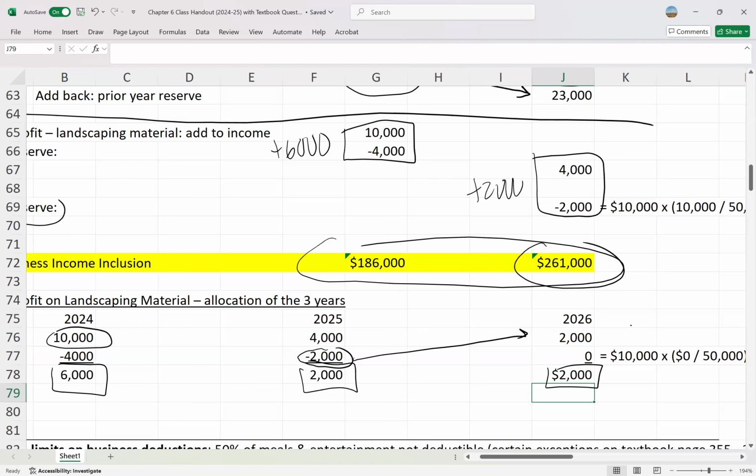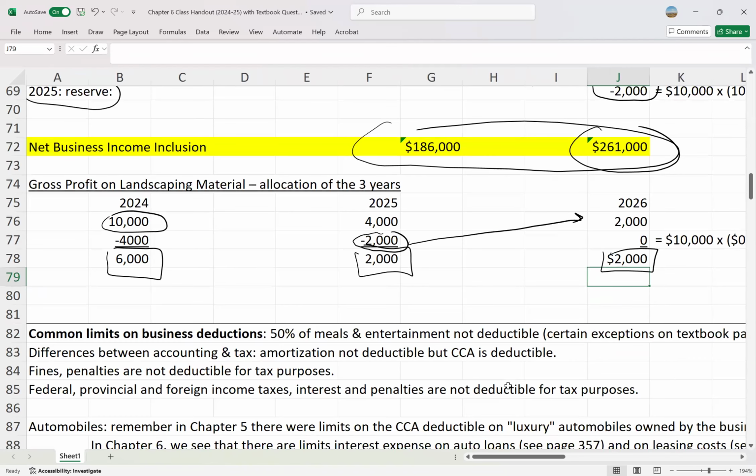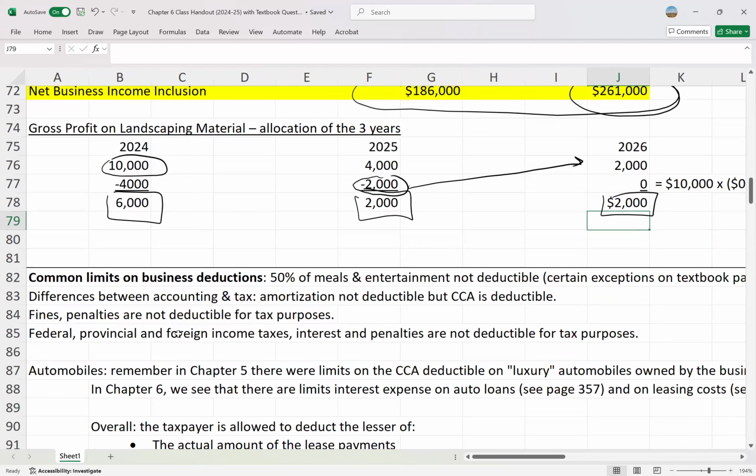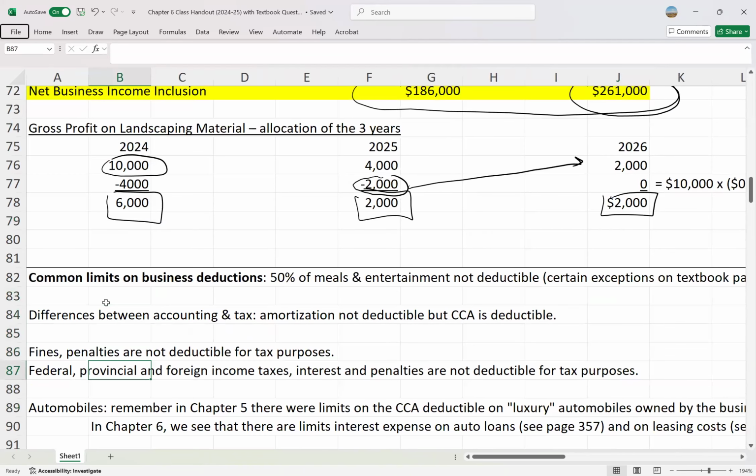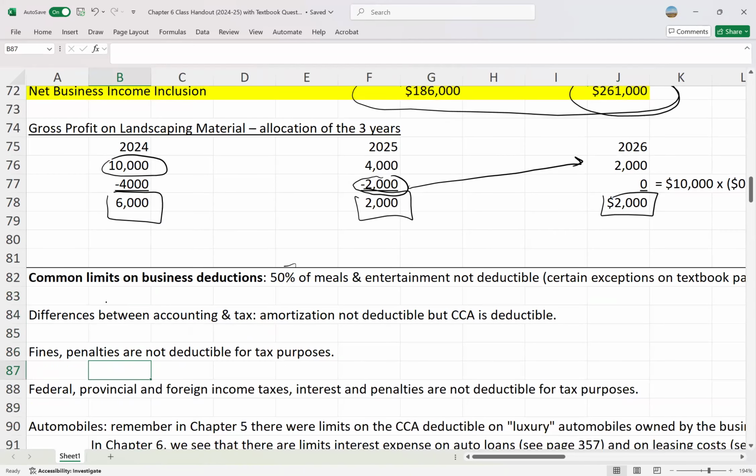We're going to move on to, again, some differences between accounting and tax. And this talks about deductions. So one of the biggest differences is with meals and entertainment. With accounting, you get to deduct all your client meals and entertainment on your income statement.